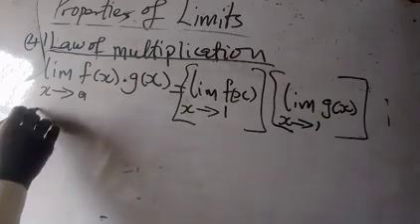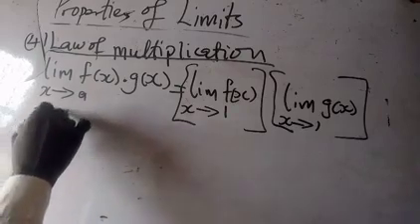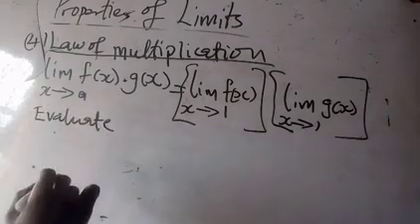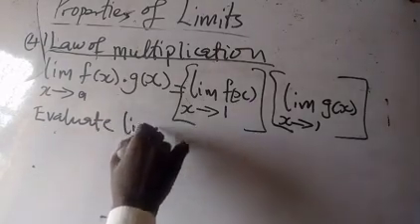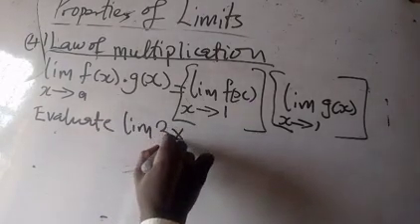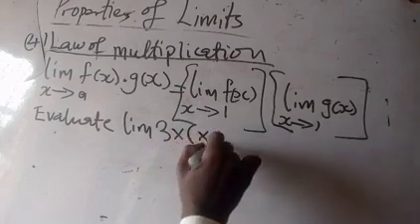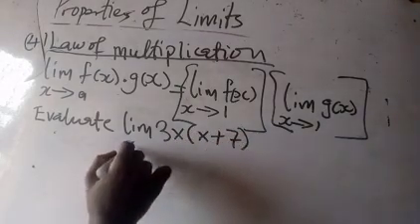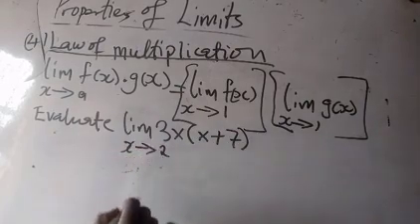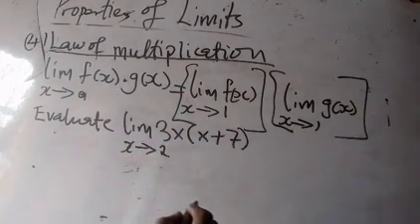For example, evaluate the limit of 3x into bracket x plus 7 as x tends to 2.